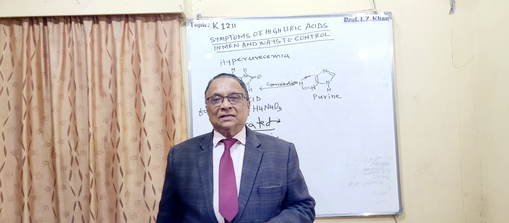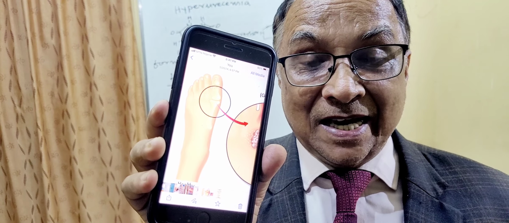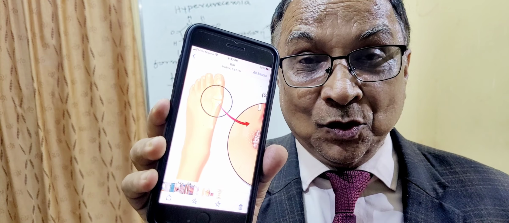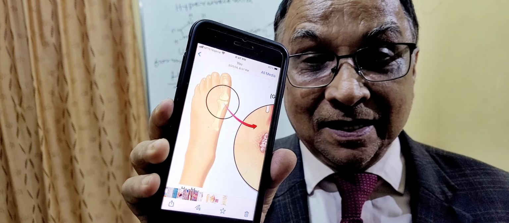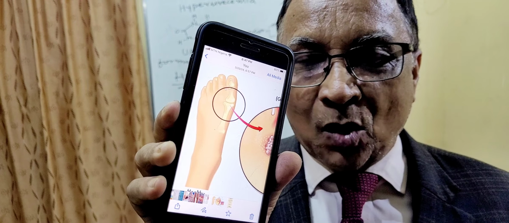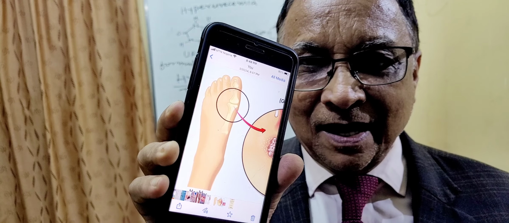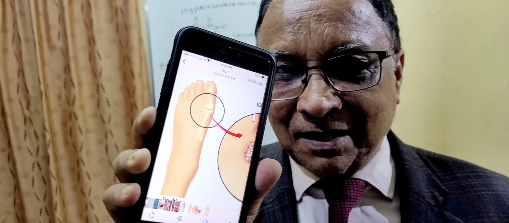I am showing the symptoms of this. So the first sign you can see here, your toe joint is having inflammation, and commonly they call it gout, and there will be sharp pain, and it is because of the presence of crystals.